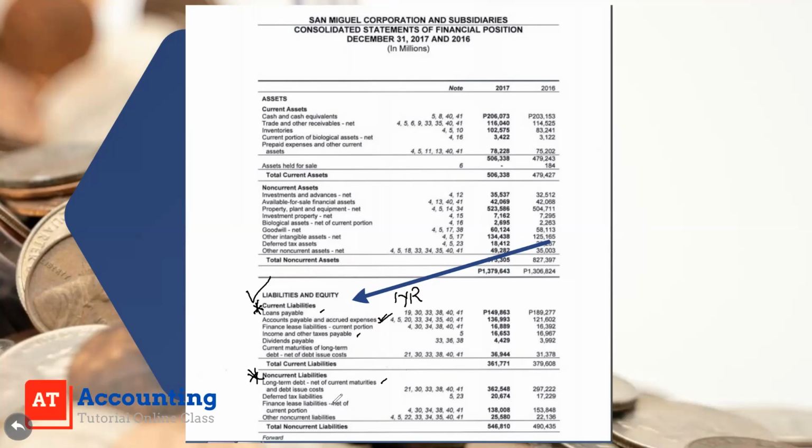In terms of the non-current, San Miguel has some specific accounts that are not in the commonly used ones. But at least we have identified that maybe they had no bonds issue this year, since this is 2017 and 2016; maybe they issued in 2018.